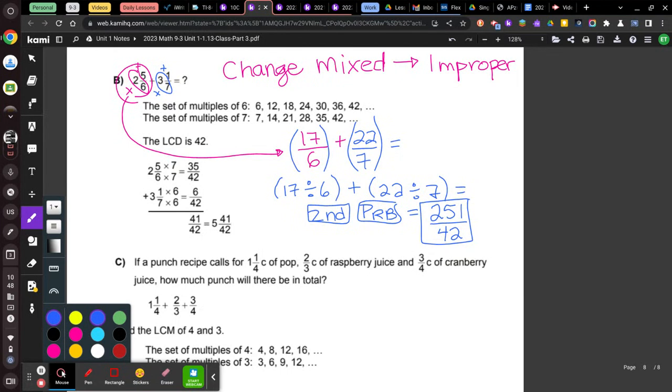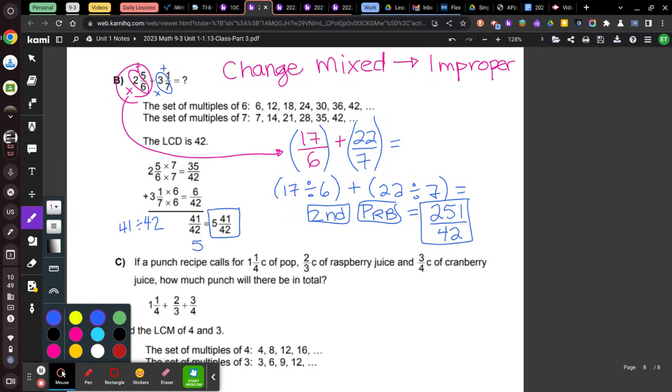And then if you want to convert it to a mixed number, you can. Now, if you check, the decimal number is going to match this decimal number. So if I go 41 divide 42, let's get our decimal. 41 divided by 42, we're going to get 0.976.